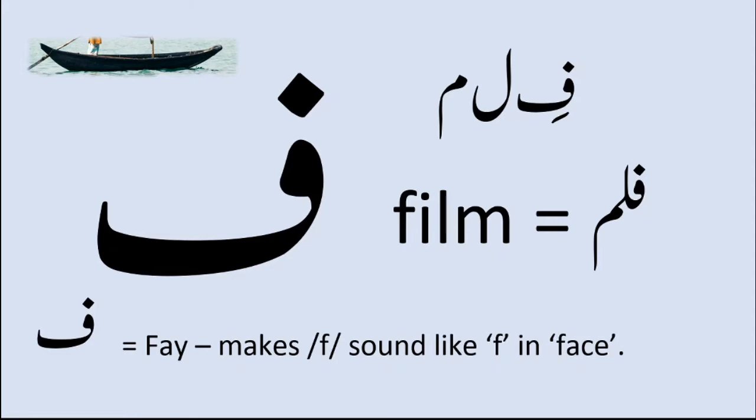Okay? Before we move on to the next letter, let me explain something else. Look at this word, film. Fe, zer, lam, mim, film. But did you notice that I wrote film like this? Right? Now, this is Urdu written in the separate form.